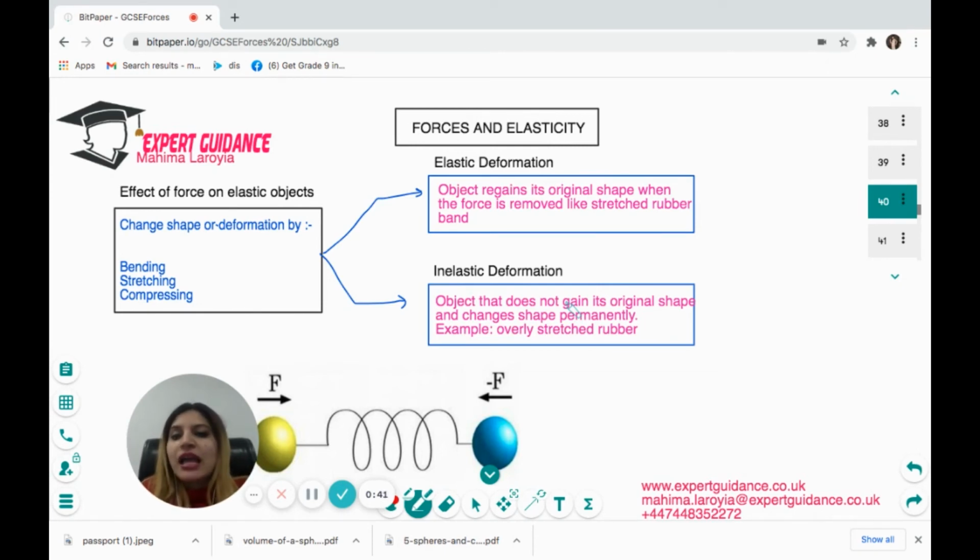The deformation could be elastic, so when the force is removed, the object regains its original shape. That kind of deformation is known as elastic deformation. Inelastic deformation is when the object does not regain its original shape and changes shape permanently after the force is applied, for example an overly stretched spring.